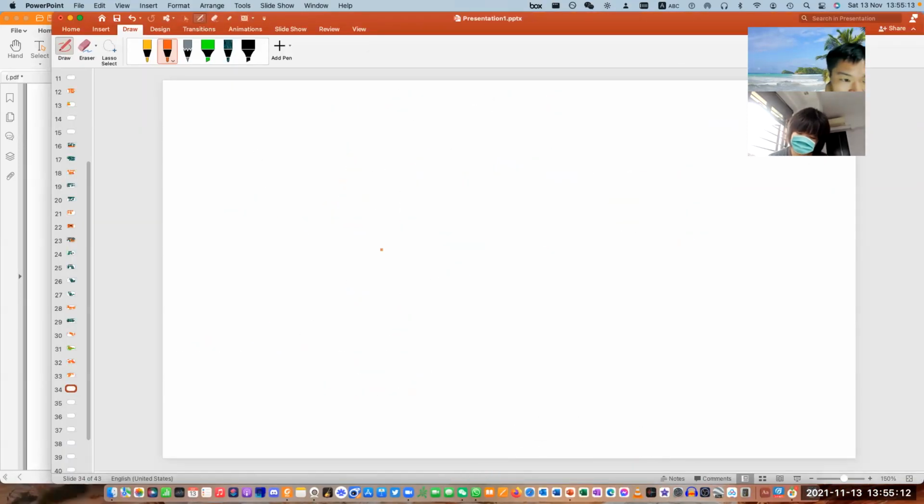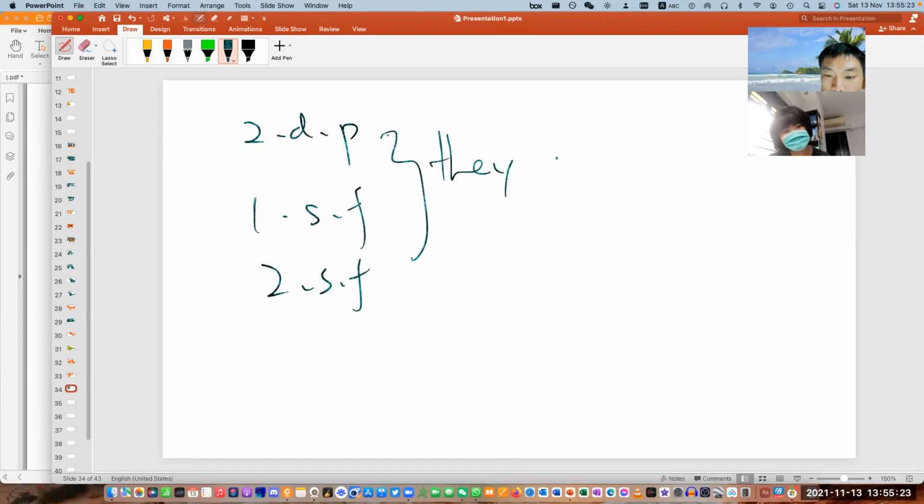By the way, when you use 2 decimal places, or when you use one significant figure or 2 significant figures, all these, they don't mean anything.